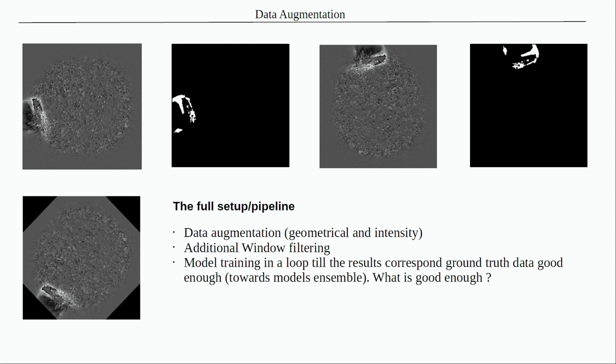Another important aspect is data augmentation. Basically it's how we are faking the data scientifically, trying to increase the size of the training set, but our fakes must obviously present something that could exist in reality.